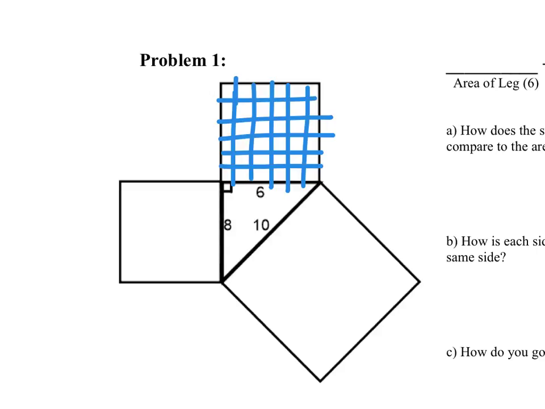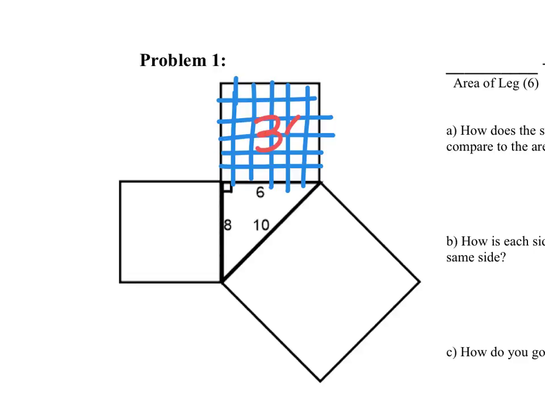Because when you draw crisscrossing lines like this, now I should have a 6 by 6 square. You count up how many squares you have. 6, 12, 18, 24, 30. I have 36 squares.